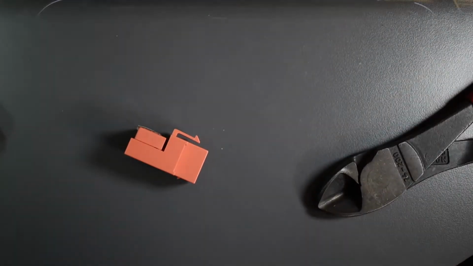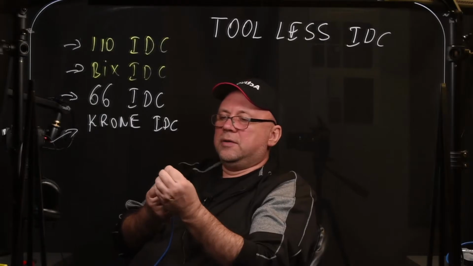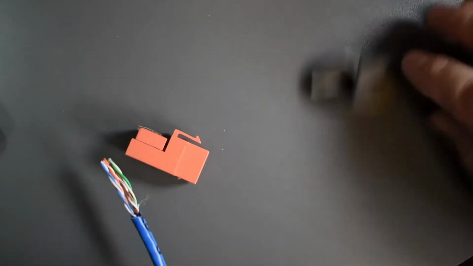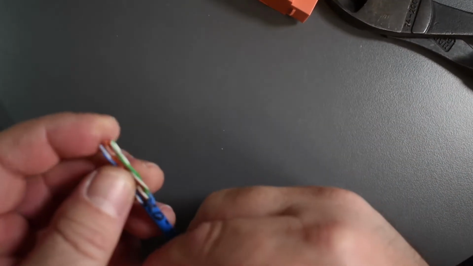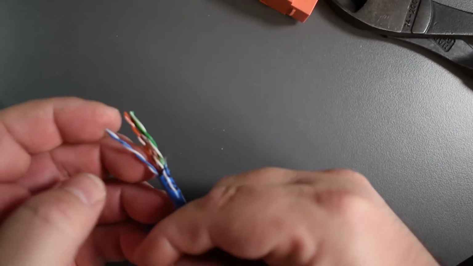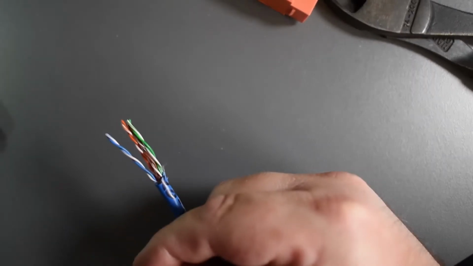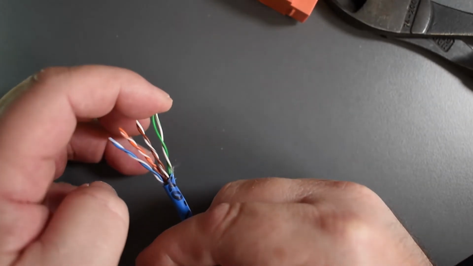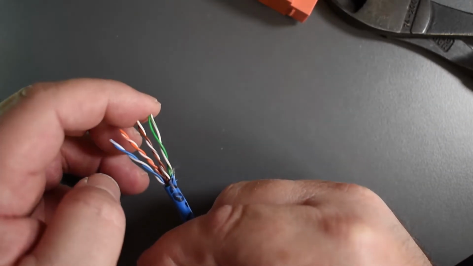All right. So now we have the wires. We have pairs: blue, orange, green, brown. It's untwisting on me, so we have to be careful about that.